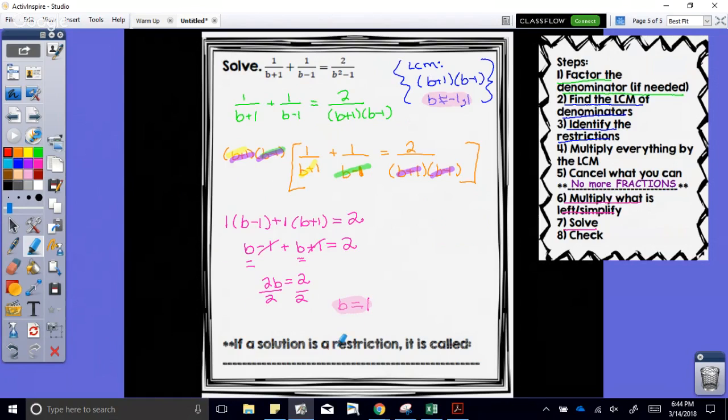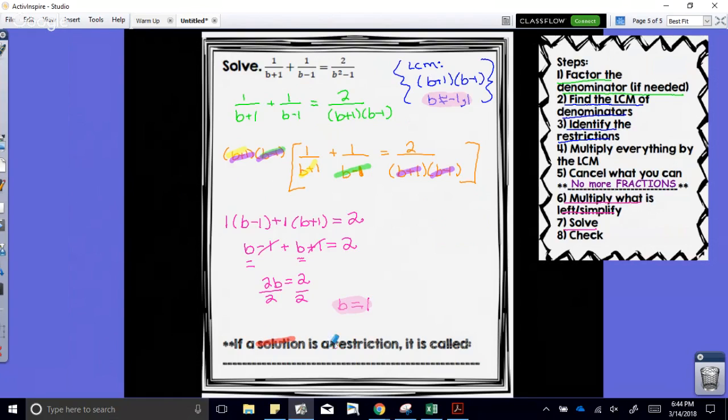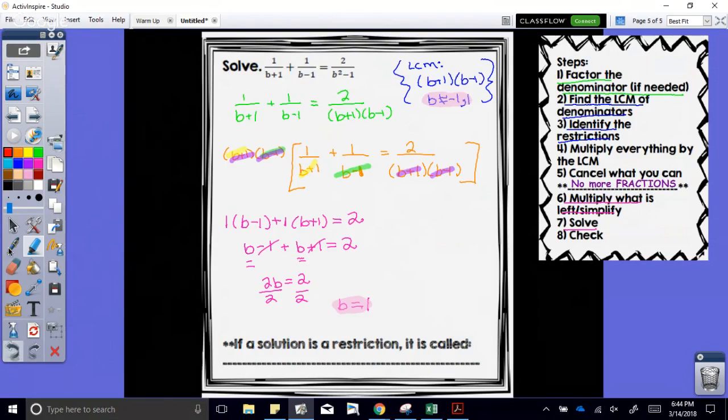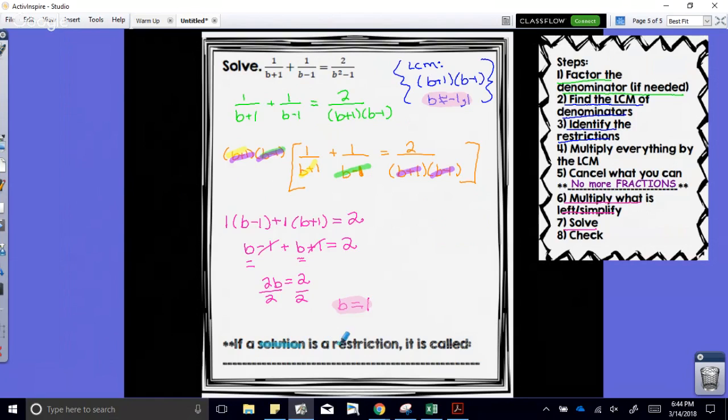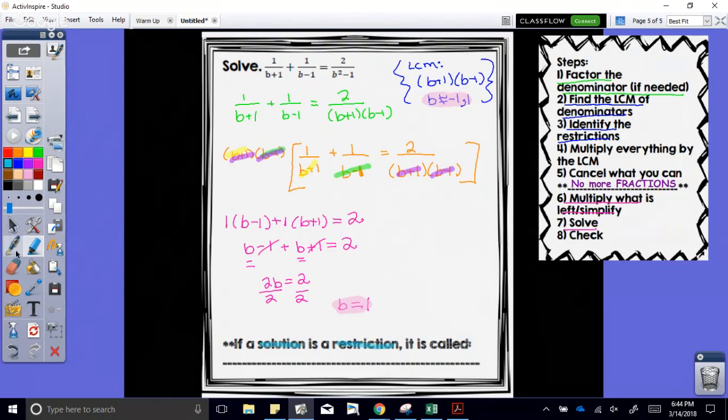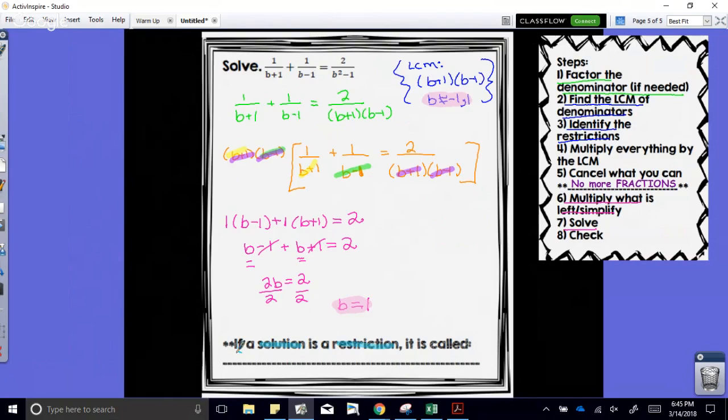If a solution is also a restriction, then we say that it is an extraneous solution.